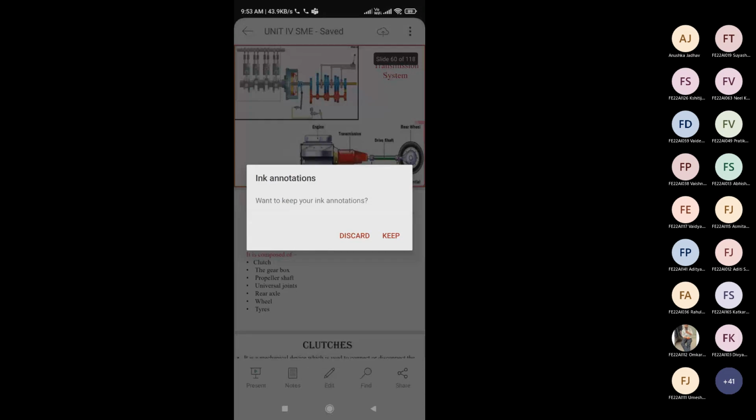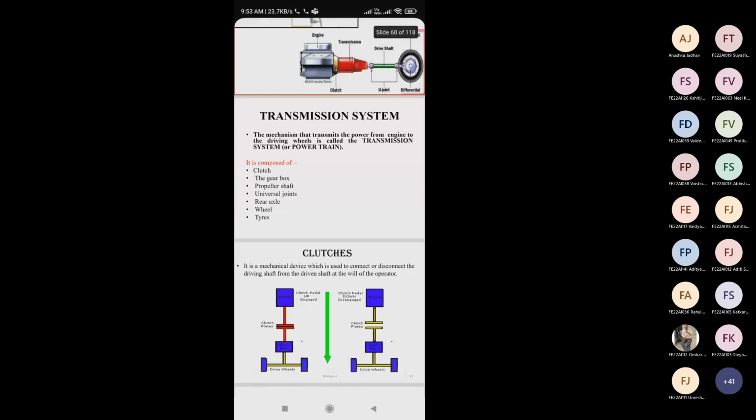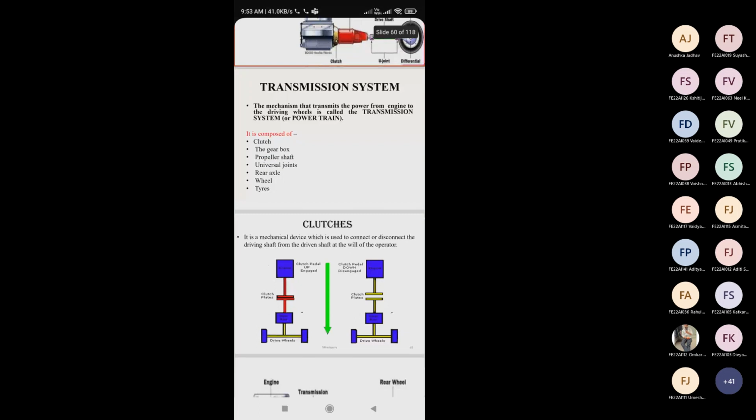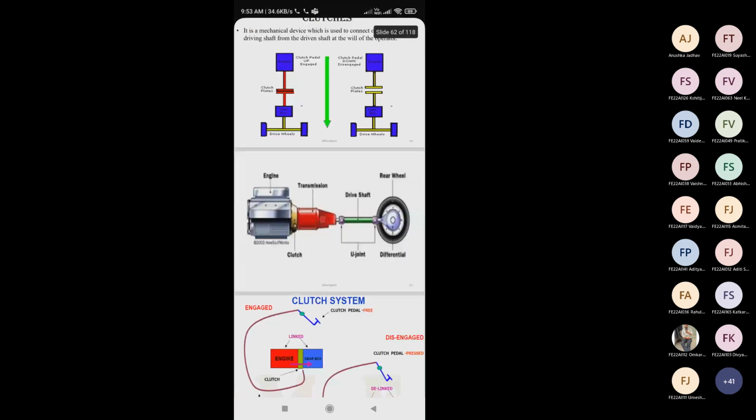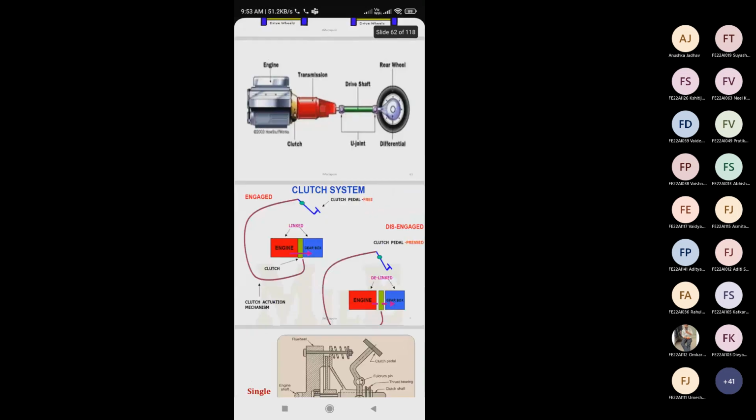You can see here the transmission system: clutch, gearbox, propeller shaft, universal joint, rear axle, wheel, and tires. You can see various diagrams here, right? Clutch systems. Now we will see the clutch.